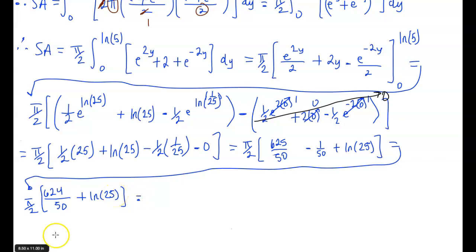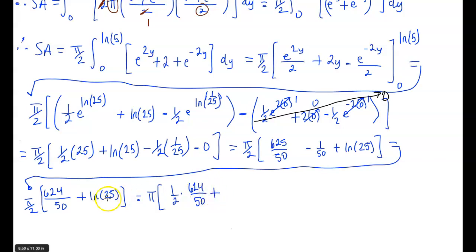All right, so at this point, since I know that 624 and 50 are even numbers, I'm going to take the implied 1/2 that's here and multiply it through to both terms. So if I do that, then what I'll have here is 1/2 times 624 divided by 50.